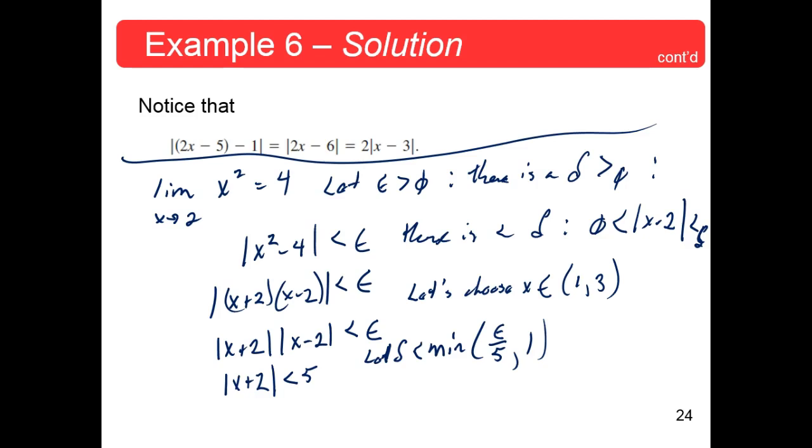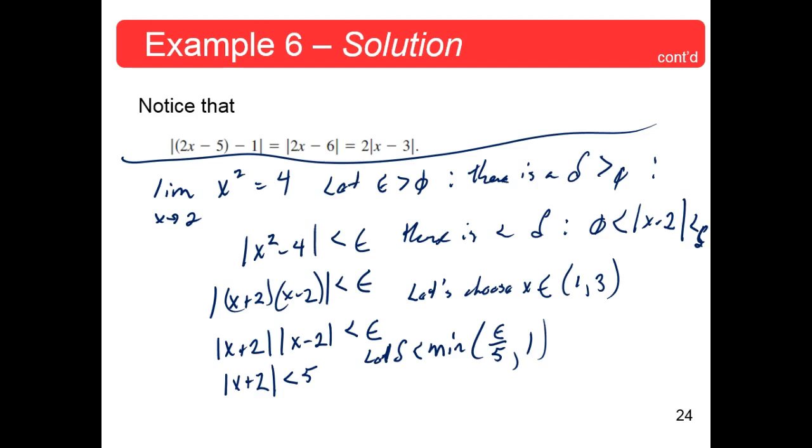Now, you might say, okay, where did the 1 come from? Well, if you have the x in that interval there, this one's 5, and let's choose first the left-hand side. This would be 3, and this would be a -1, so absolute value would be 1. If you choose it to be 3, the upper bound, this would be 5, and this would be 1.